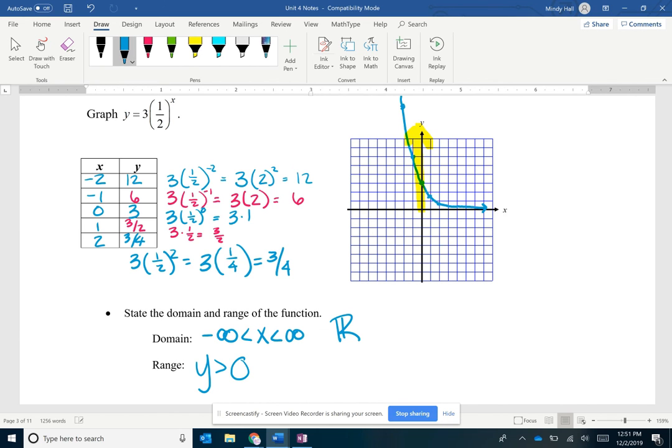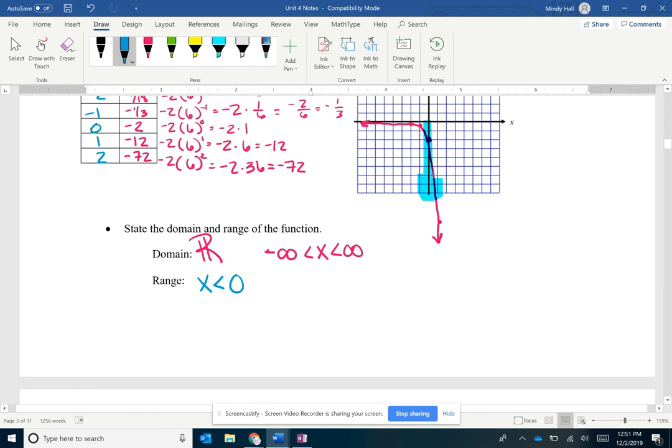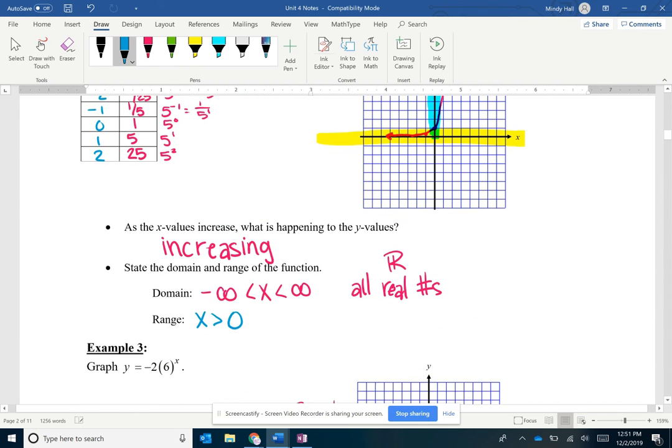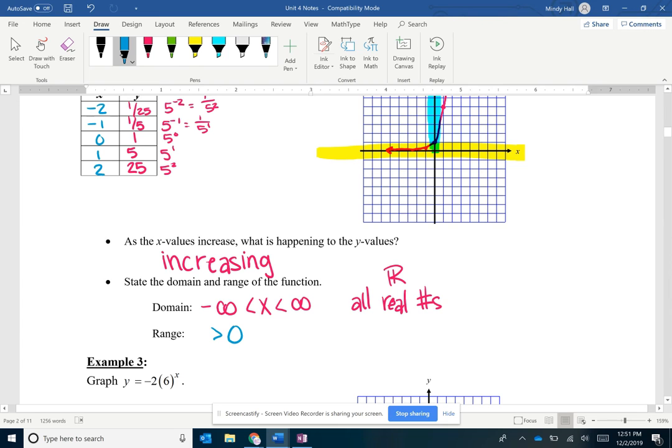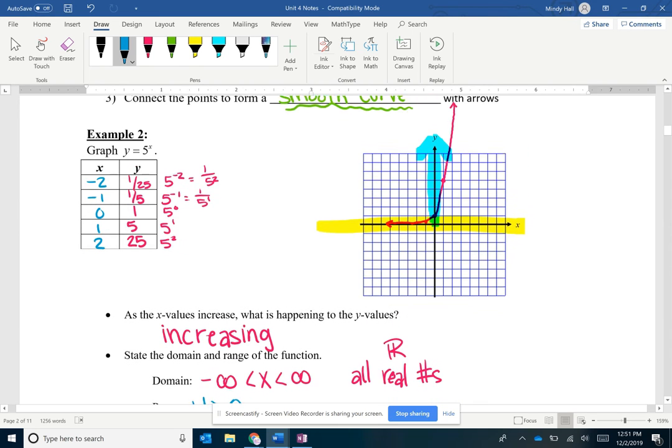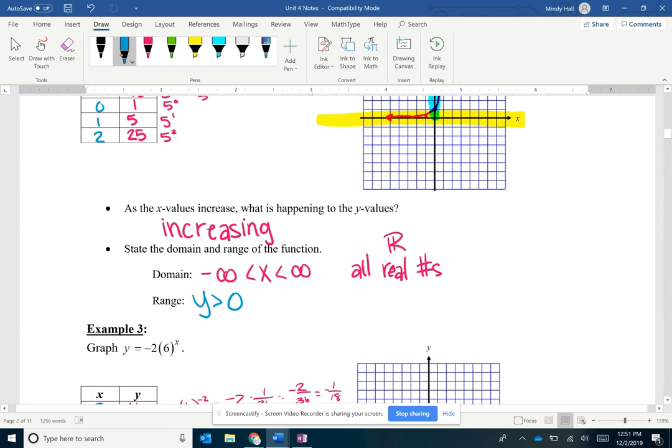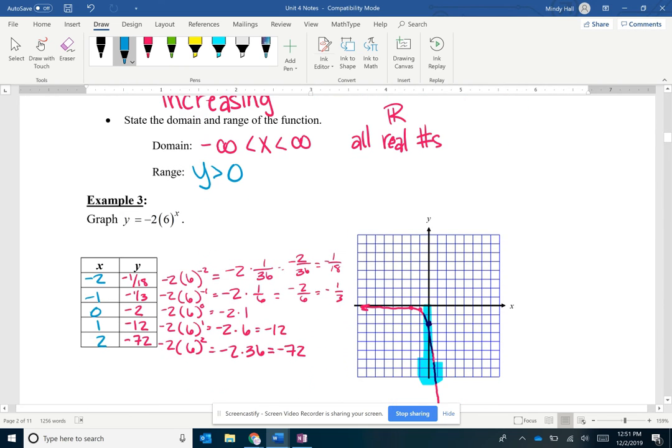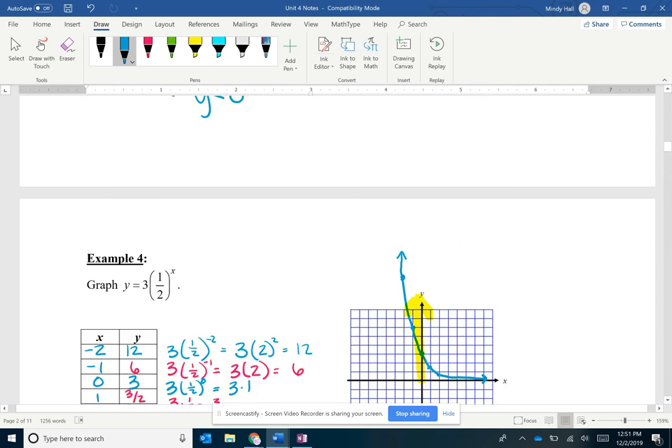I just realized if y has to be greater than 0, that means these ranges should also be y. Sometimes I mess that up. So don't be like me. Make sure that when you're talking about range, your letter that you use is a y, because range is y values. My mistake. Bad teacher.